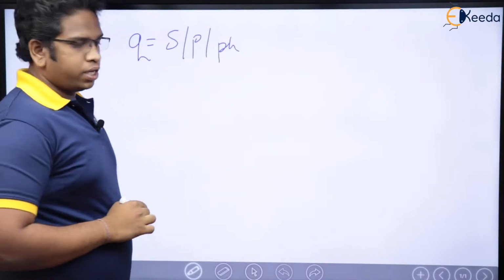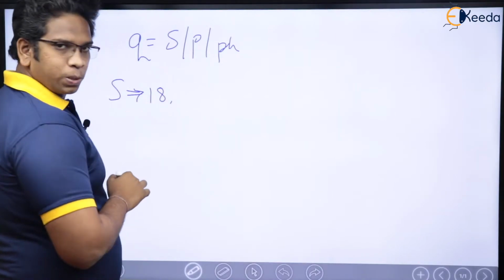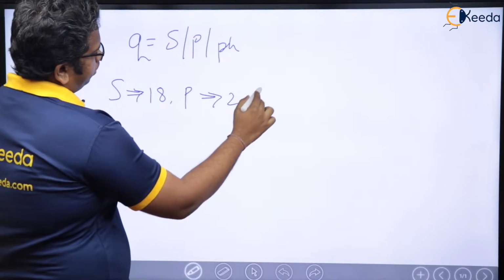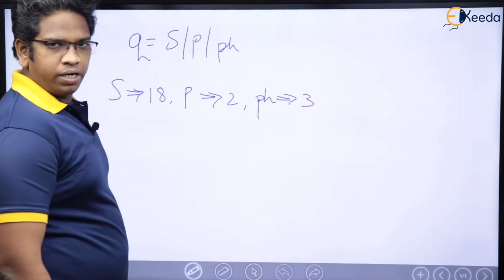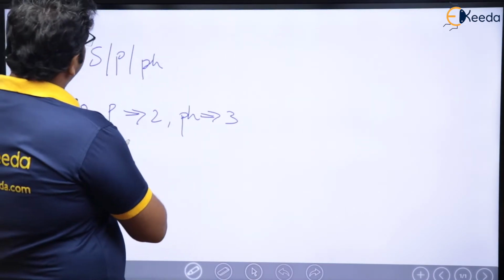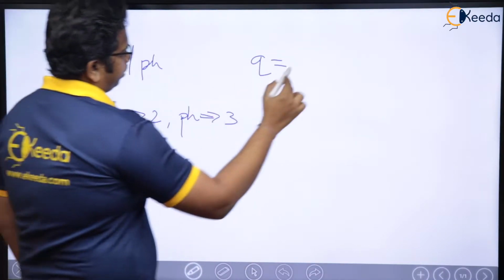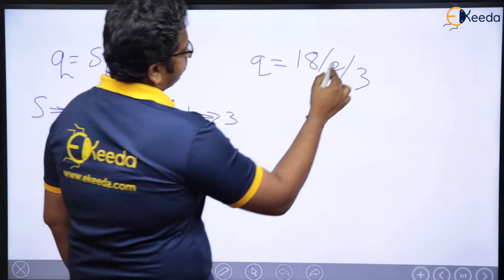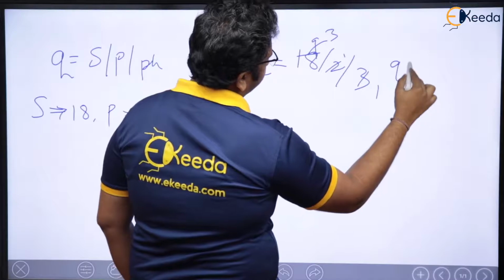For instance, if I have 18 slots, 2 poles and 3 phases, then Q is going to be 18 divided by 2 divided by 3, which is 3.